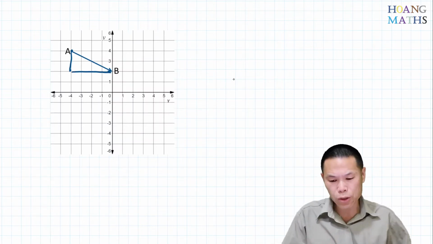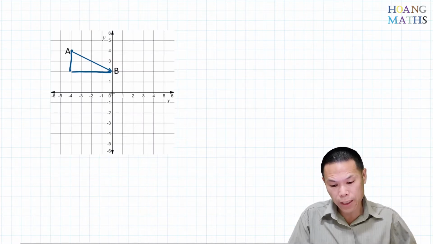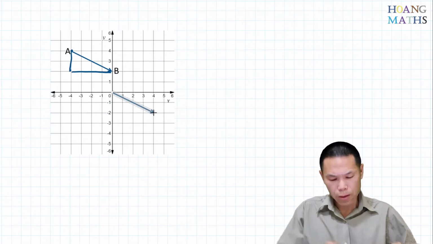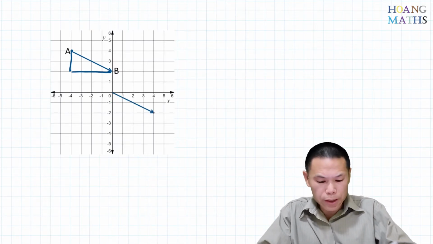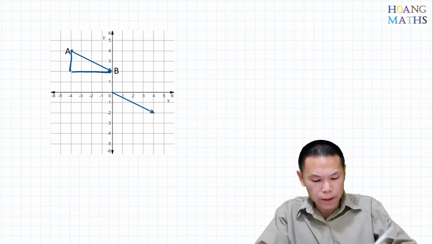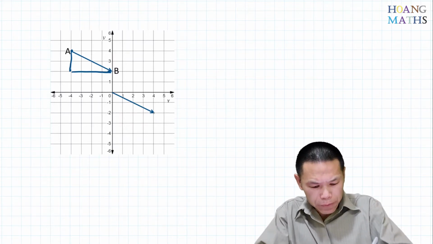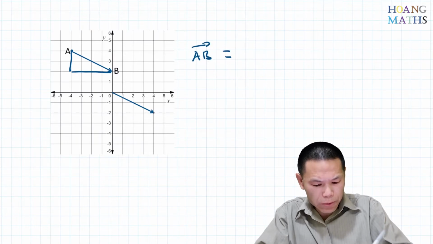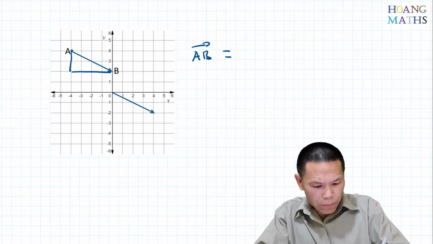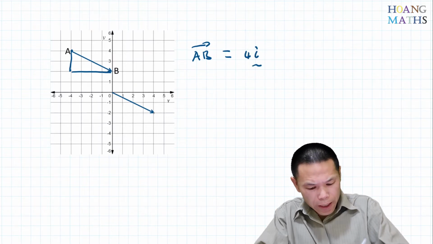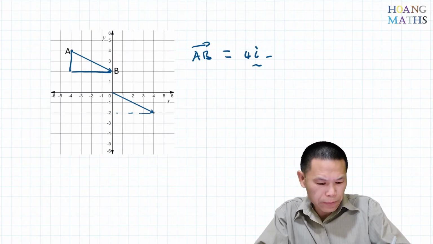So let me draw a position vector that's equal to AB first. There you go. So this is the component vector. Therefore, I can write AB is equal to 4I minus 2J.